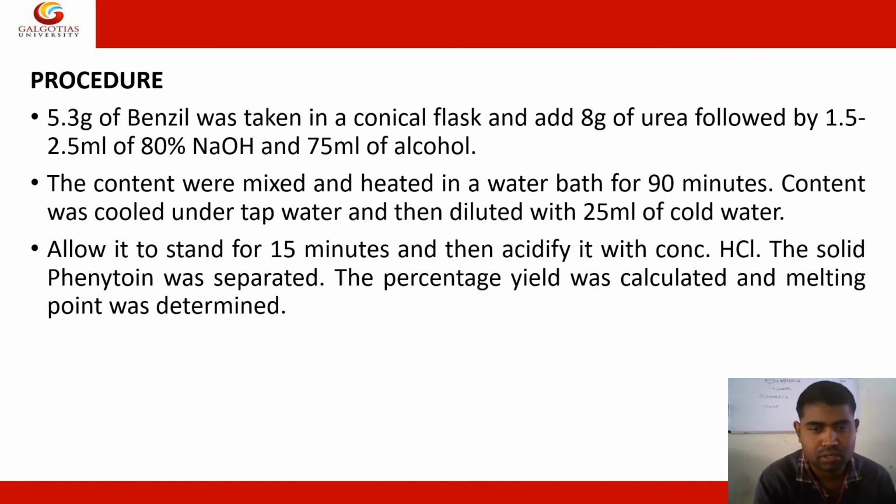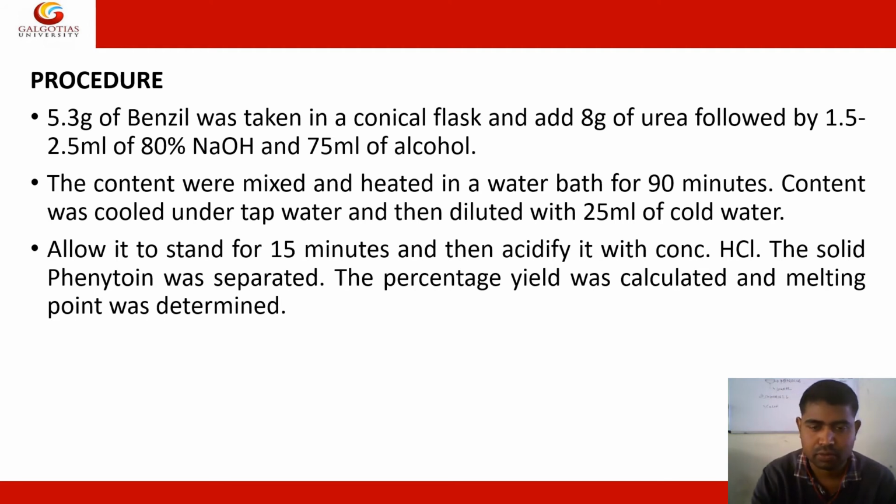You just have to perform the melting point determination by various instruments, like an automated system or another, that is a physical way in which you are going to use paraffin liquid for the determination of this phenytoin's melting point.